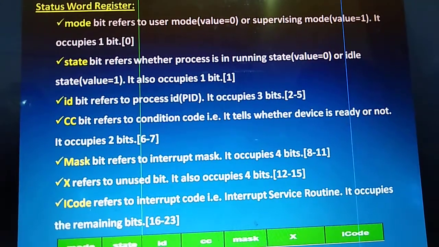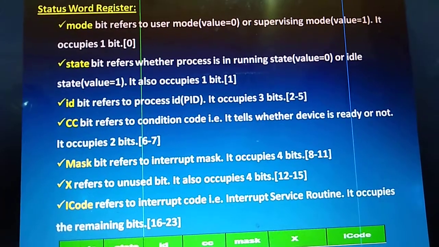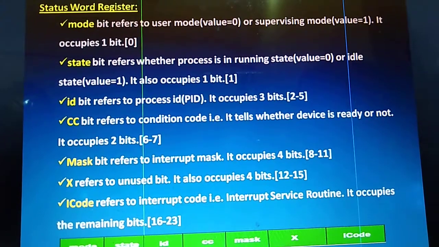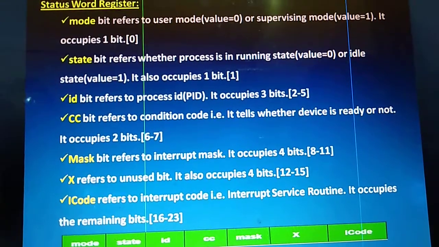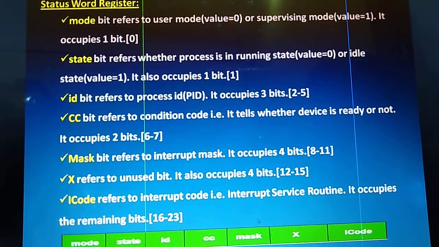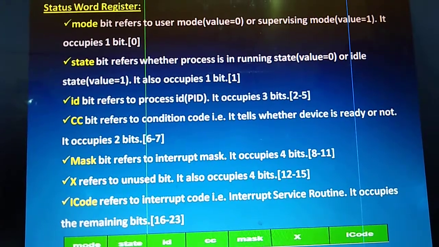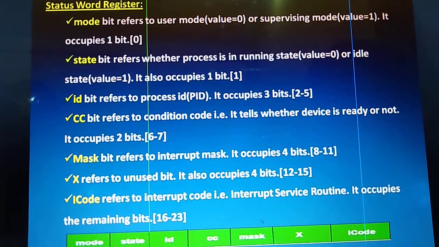X refers to unused bits, that is, the bits which are totally unused are represented by X. It also occupies 4 bits. I code refers to the interrupt code, that is, the interrupt service routine. It occupies the remaining bits, roughly from 16 to 23.